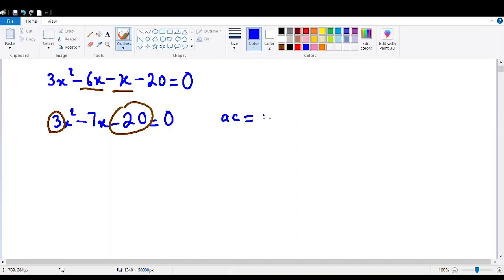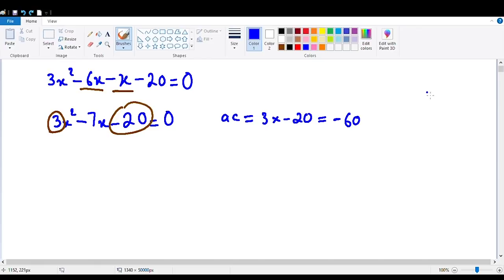So we multiply 3 with minus 20 and we'll get 3 20s are 60, so minus 60, as one of them has a minus sign. So we got the product of AC, it's minus 60, and now we're gonna factorize it.